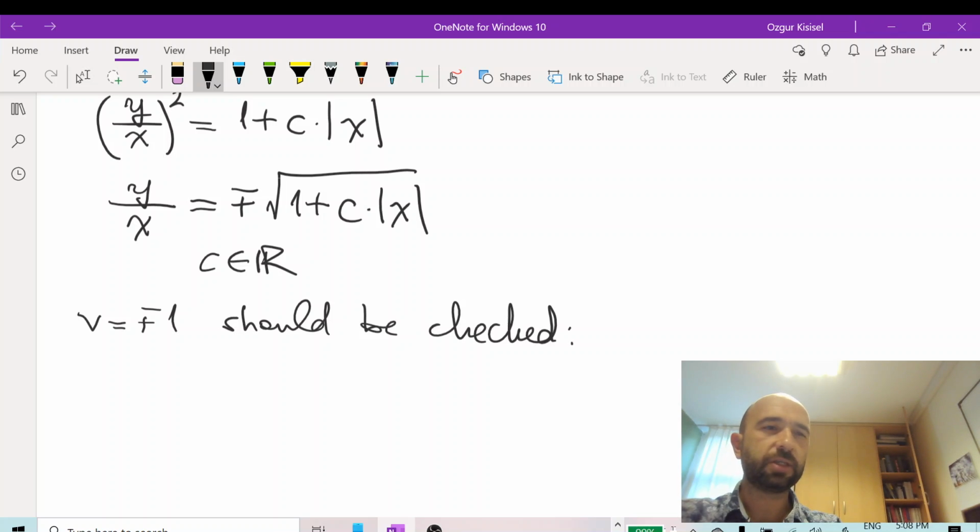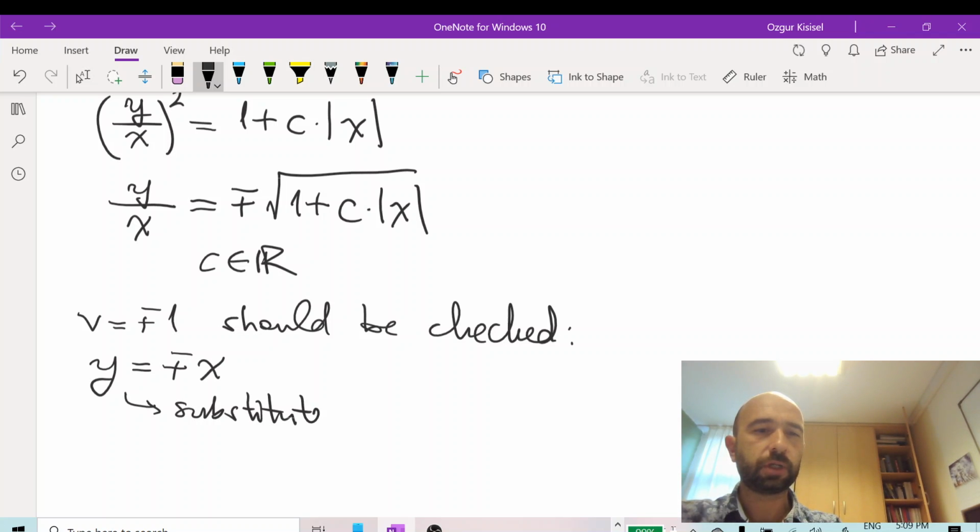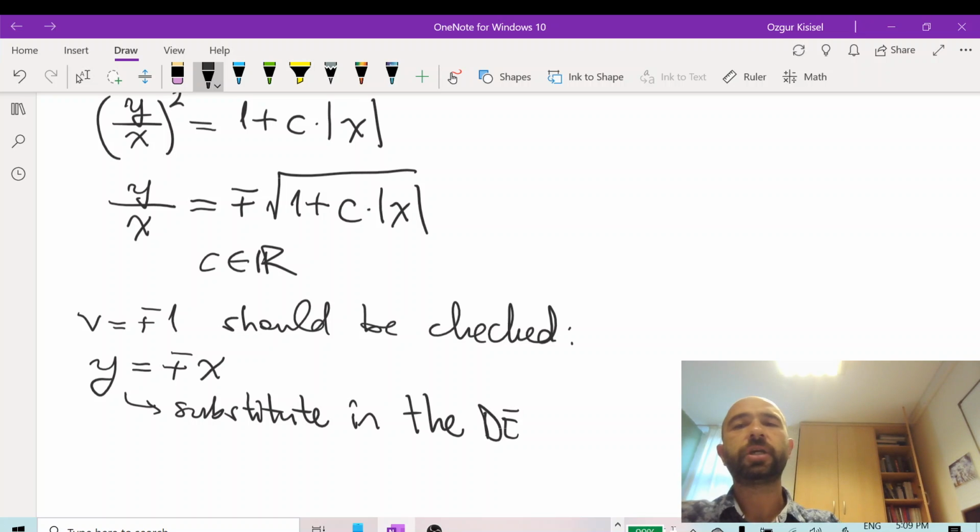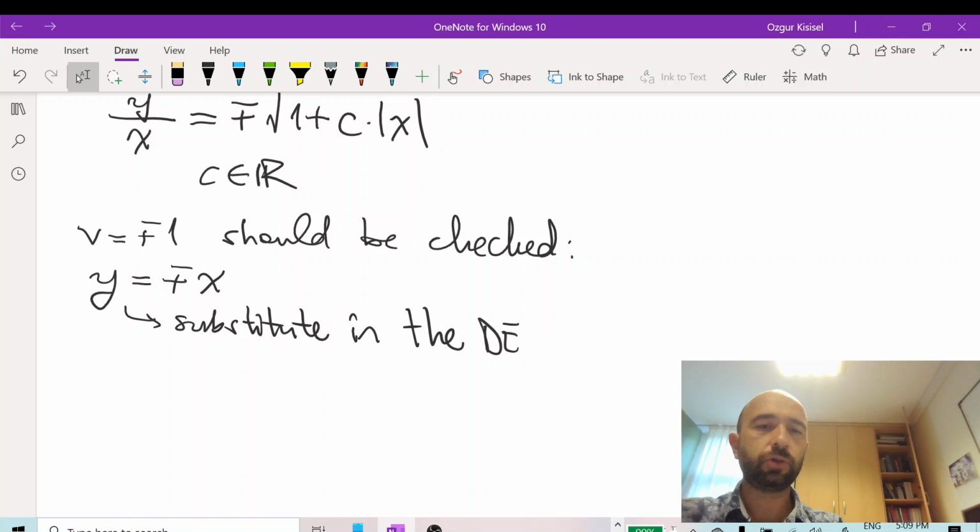But v is y over x, so this is y equals plus or minus x. These are solutions. You can substitute in the differential equation and check that they're solutions. Let me leave that to you.